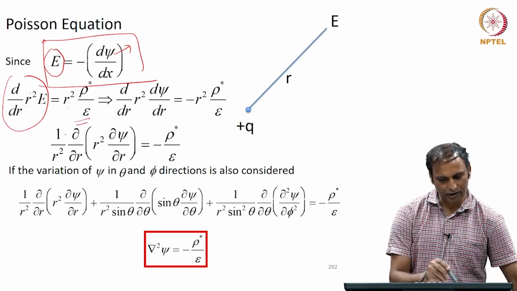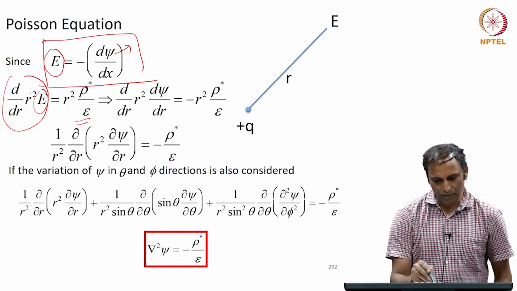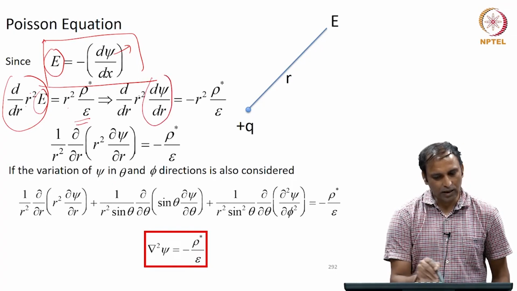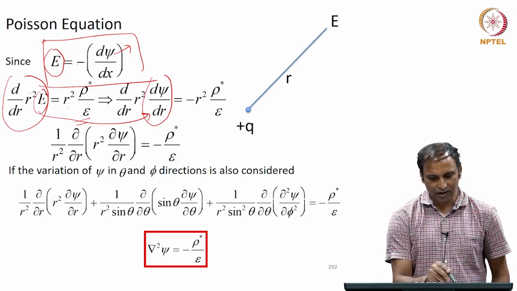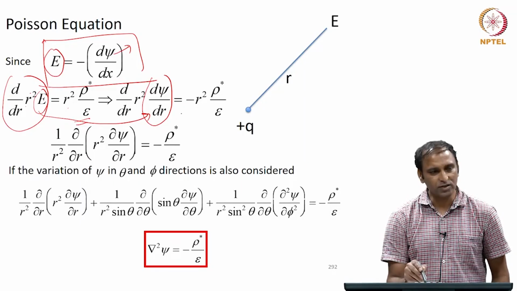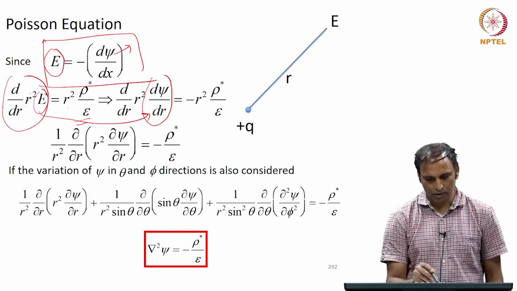That is what we just derived. Now, instead of epsilon E, I am going to replace that with d psi by dr, and because I have a negative sign here, I am going to get minus on the right hand side or left hand side, depending upon how you want to do it.